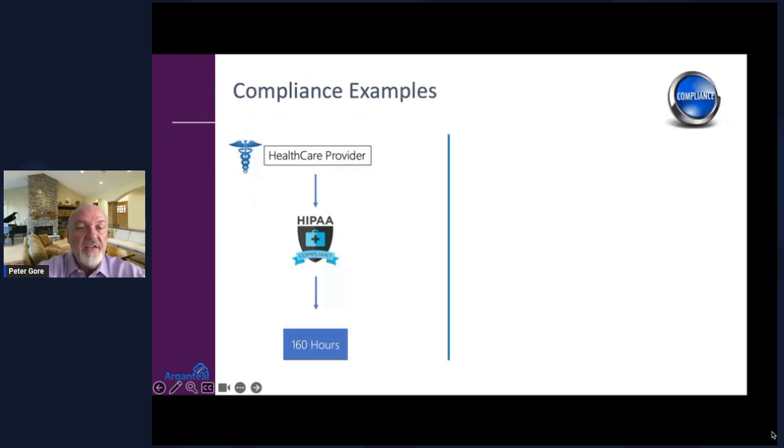If we look at a couple of examples here, I worked with a healthcare environment where a HIPAA compliance study was performed each year until we went in and automated this environment. It used to take 160 hours, so a working man-month, to actually complete this environment compliance report.